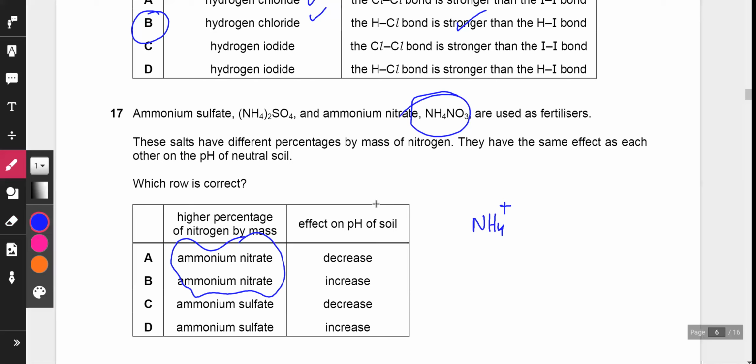Now NH4 plus one ions are capable of losing H plus one ions. So the ammonium ion is acidic. It's capable of behaving as an acid, but a very weak acid. So the effect on the pH of the soil, you have two options. One is increase, the other one is decrease. So since they're acidic, it's going to be decreased. It's going to be A.